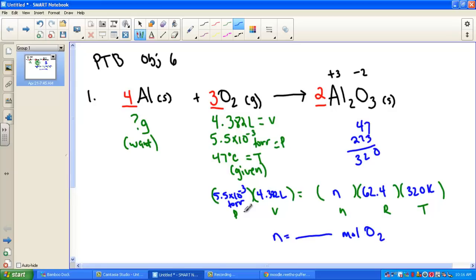Make sure we're getting a common answer. 5.5 E -3 times 4.382 divided by parenthesis 62.4 times 320, close your parenthesis, and we have a number for the moles. 1.2, I'll say 1 times 10 to the negative 6, pretty tiny number. So now we have a mole number for the oxygen, 1.21 times 10 to the negative 6 moles.